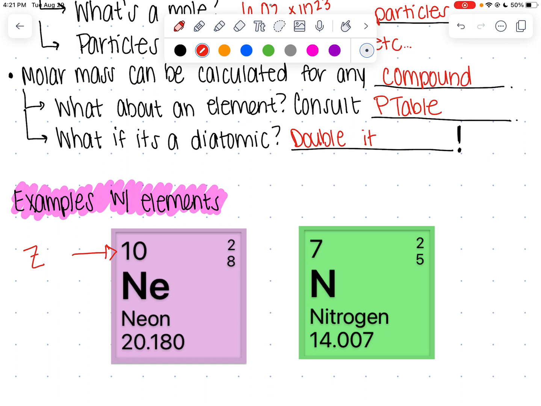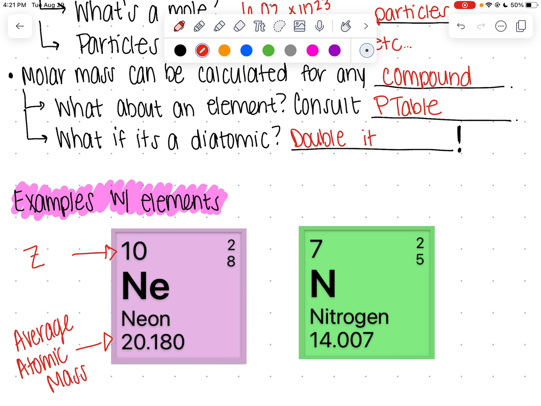So neon has 10 protons in it. Then you've got its element symbol, Ne, its name, neon, and at the very bottom, there's this number right here. So this is referred to as the average atomic mass, or affectionately known also as molar mass.